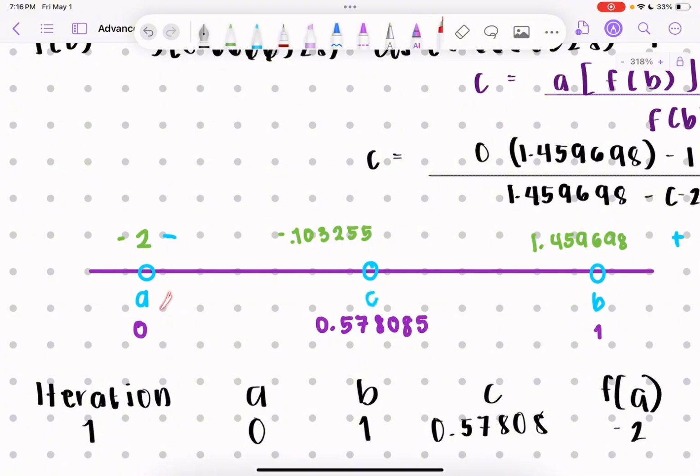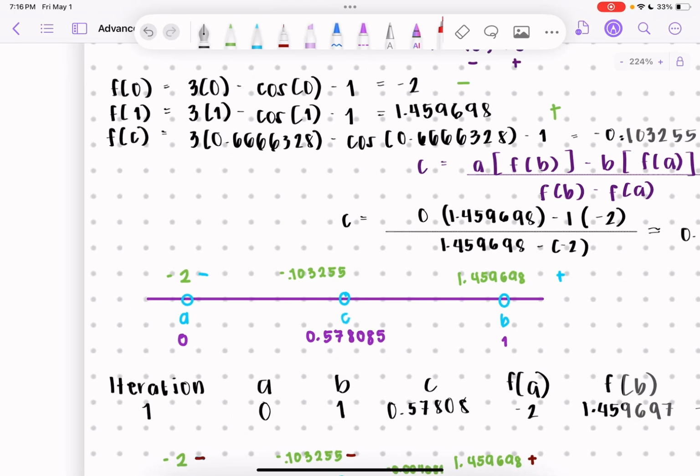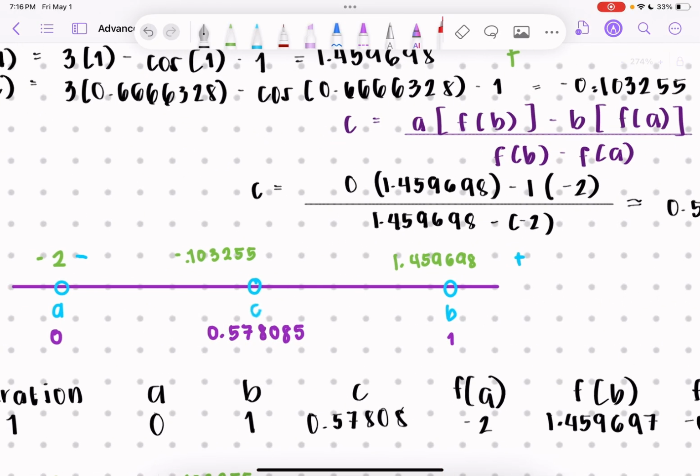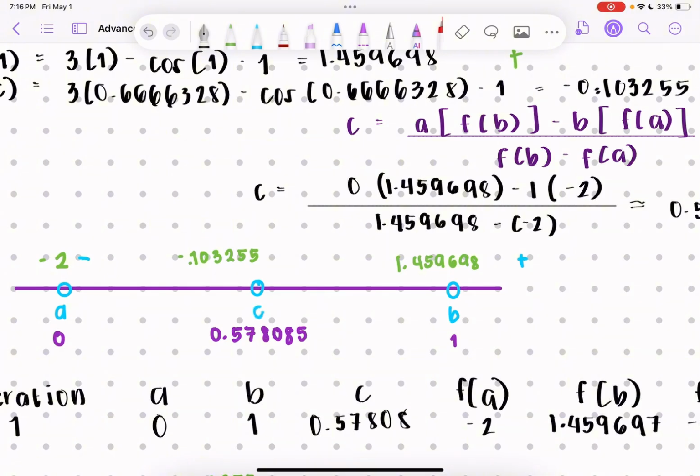So we have our A and B on opposite sides of our line. And then we have here our C, which is 0.57805. Now, it is stated that our A and B should be opposite in signs.